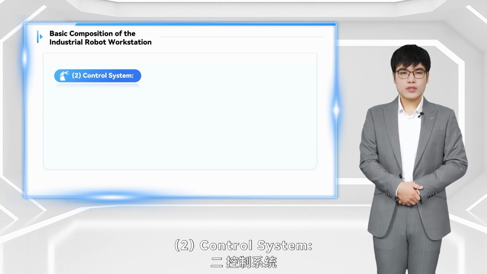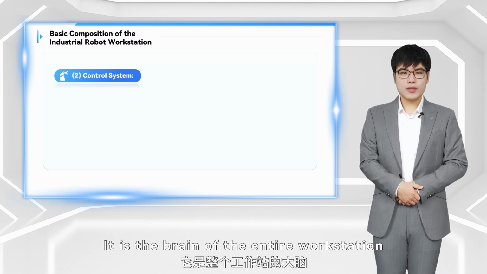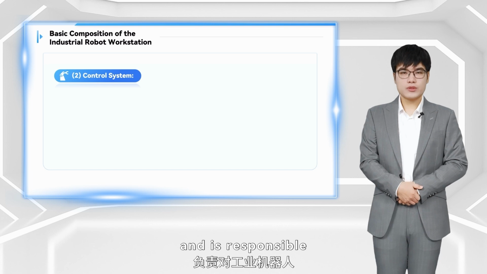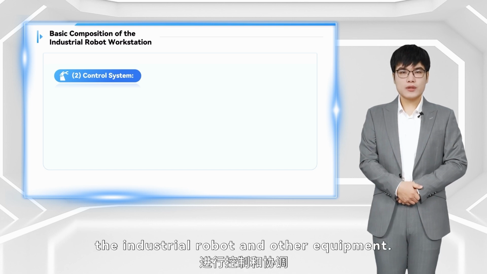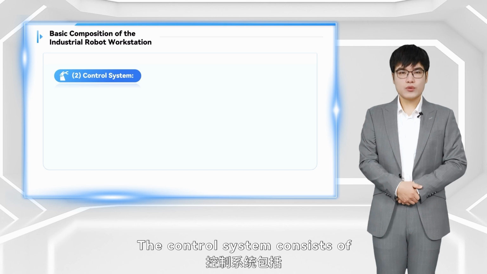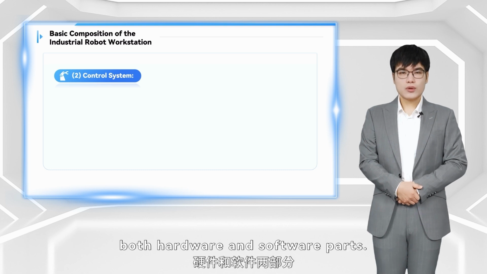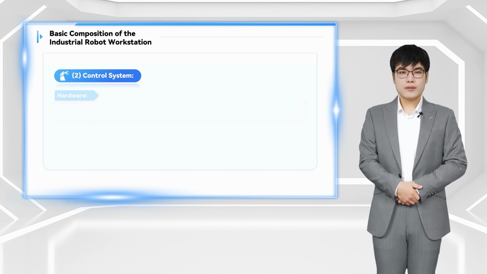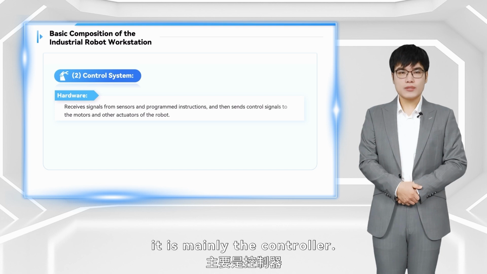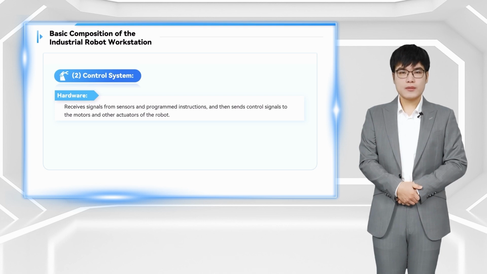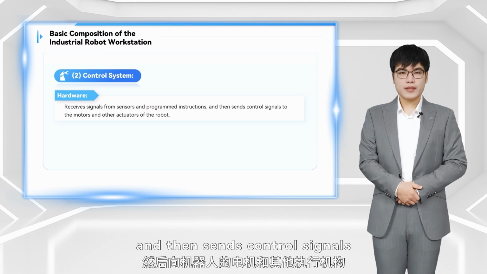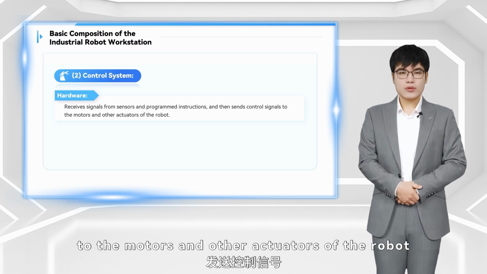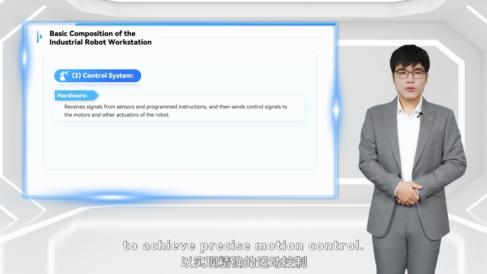2. Control system. It is the brain of the entire workstation and is responsible for controlling and coordinating the industrial robot and other equipment. The control system consists of both hardware and software parts. In terms of hardware, it is mainly the controller. It receives signals from sensors and programmed instructions, and then sends control signals to the motors and other actuators of the robot to achieve precise motion control.